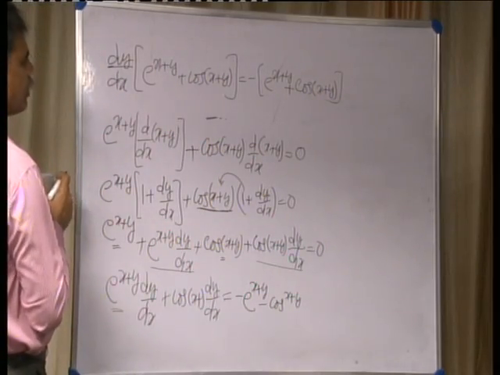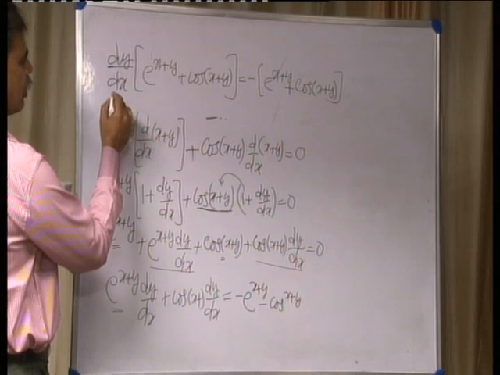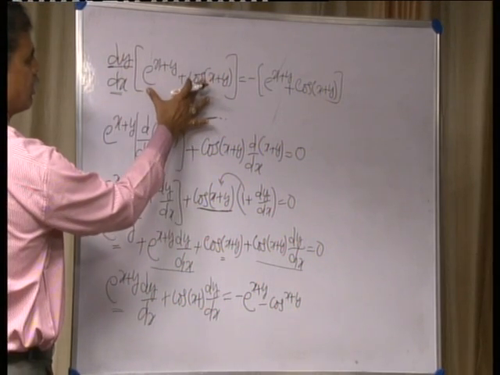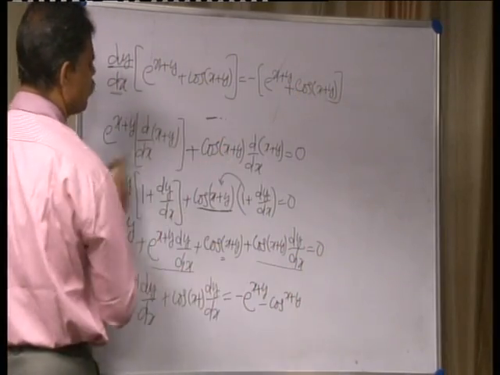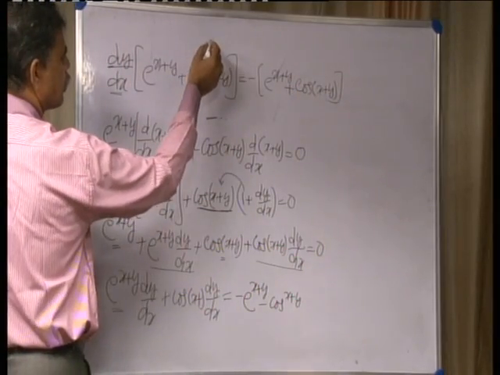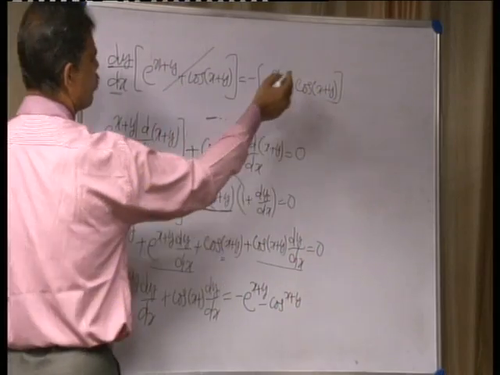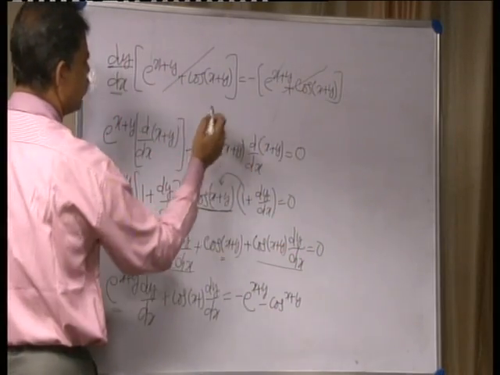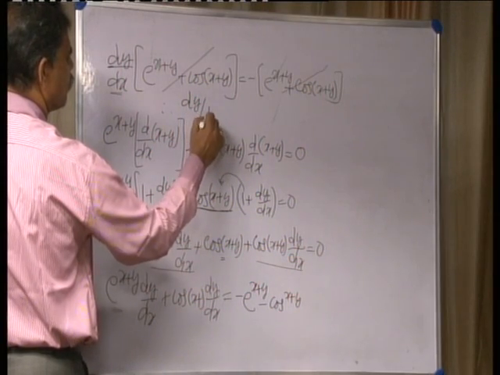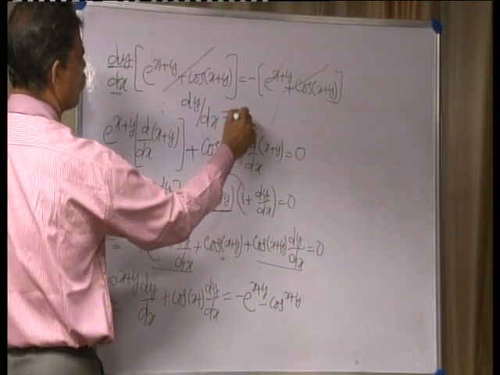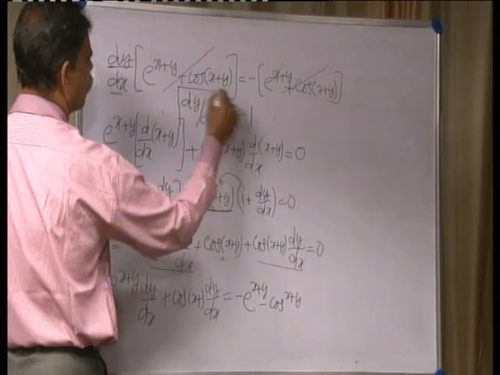Finally, you write it for dy by dx. Dy by dx is equal to what? This whole part will go to the denominator of the right side. So, they can cancel, correct? This and this, they are common, they get cancelled. Therefore, finally, you can write dy by dx is equal to minus 1.